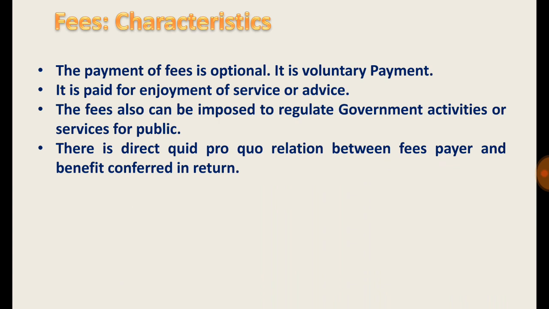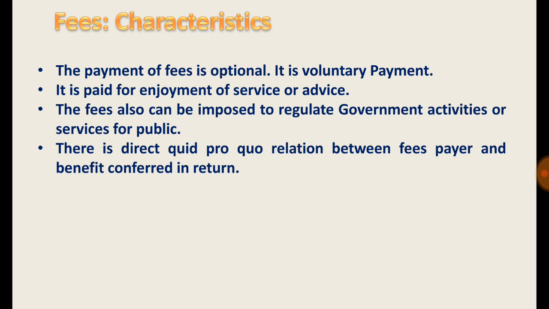Then the next characteristic of fees is that there is a direct quid pro quo relation between the fees payer and the benefit conferred in return. See, as the fees is a voluntary payment, the payment is dependent upon the option, and when you pay fees you can ask, you should get the benefit, surely you always get benefit there.